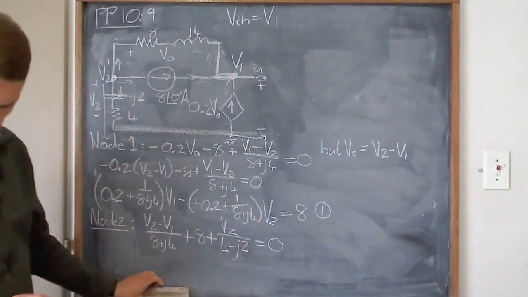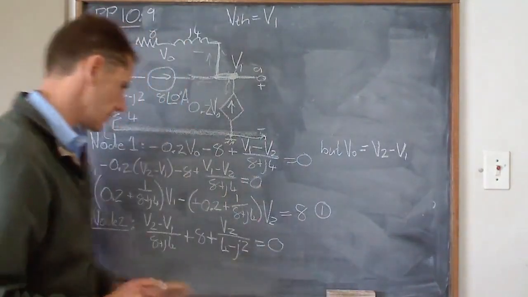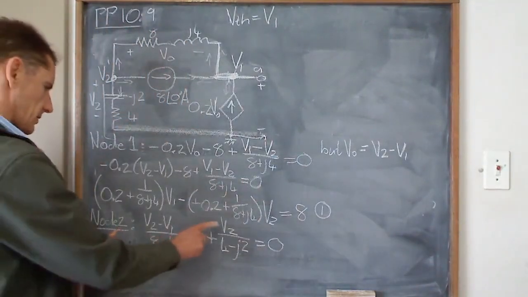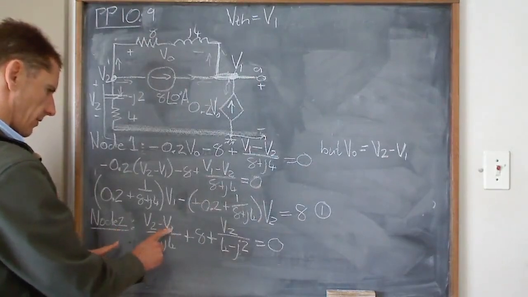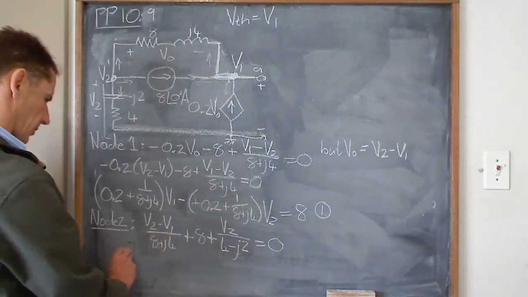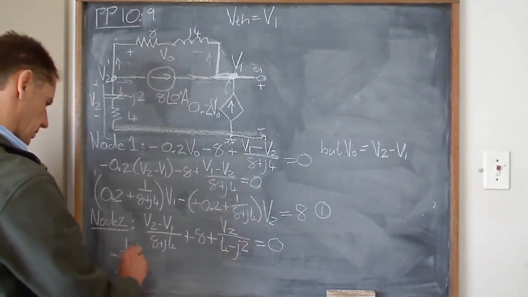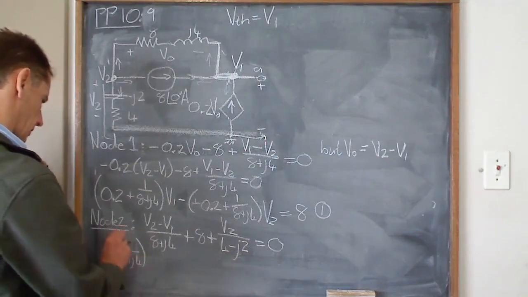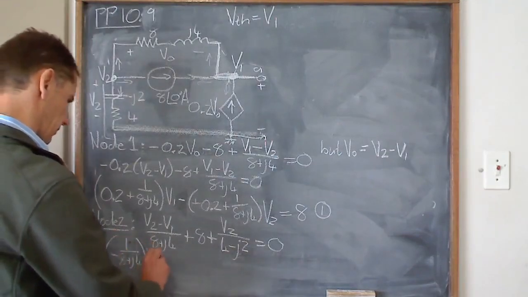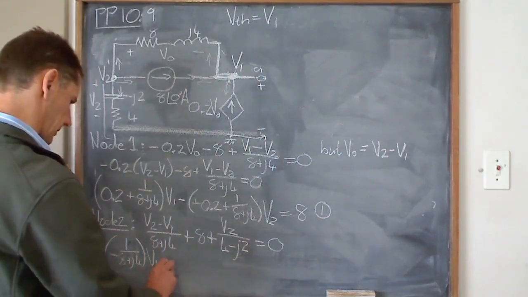So now I'm just going to get all the V1s and all the V2s together. So there's only this one V1 now. So I'm getting a minus 1 over 8 plus J4 times V1.